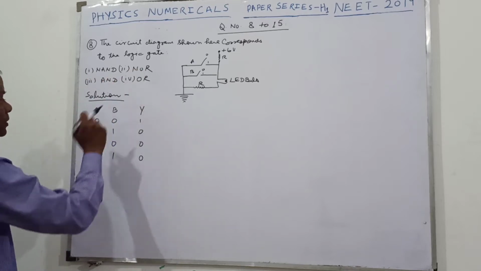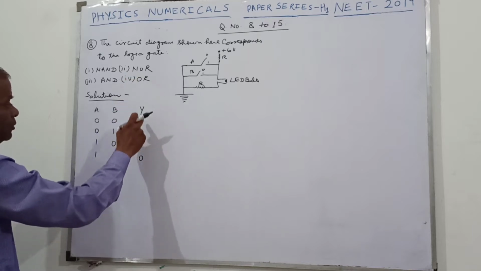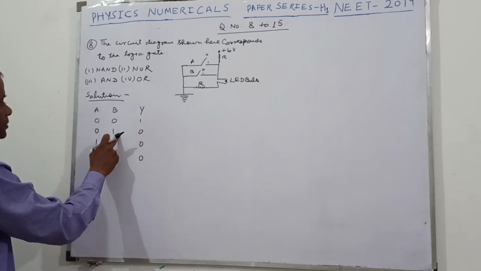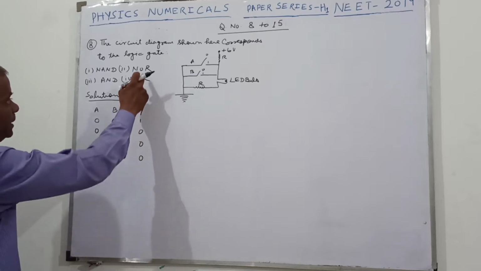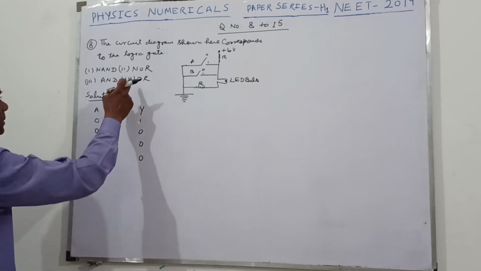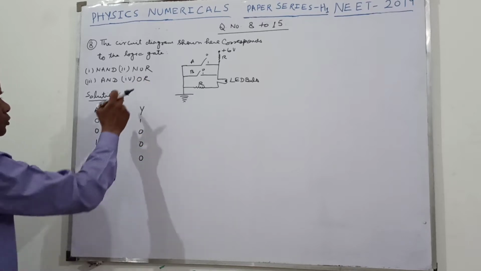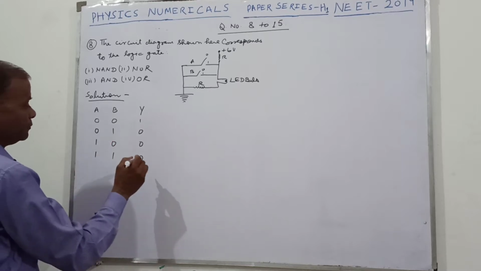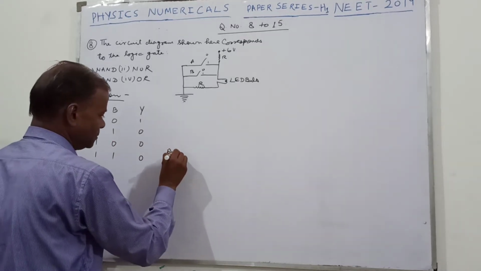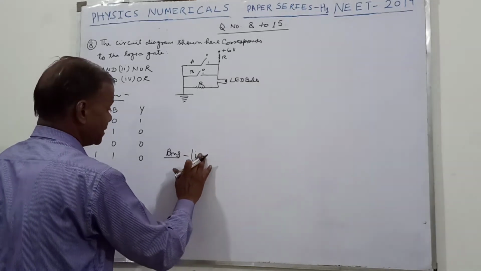Now we take the NOR gate, we add them. This is 0, 0, then NOR will be 1. This is 1, NOR will be 0. This is 1, NOR will be 0. This is 1, and then NOR will be 0. So our right option is what? The second. So our answer corresponds to the second option.